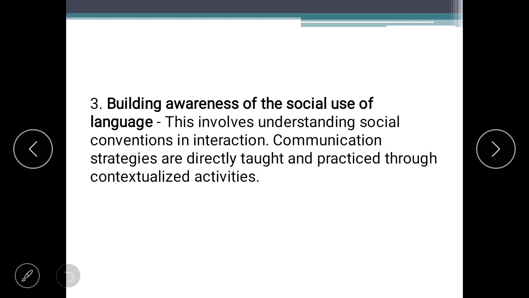So with this activity, a student must be aware of how to use the language properly in a social convention interaction, because if a student is not aware, there will be a tendency that the people he interacts with will misinterpret or misunderstand the meaning that he wanted to convey.